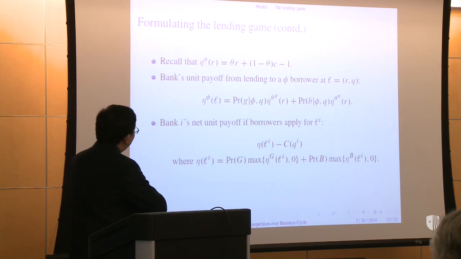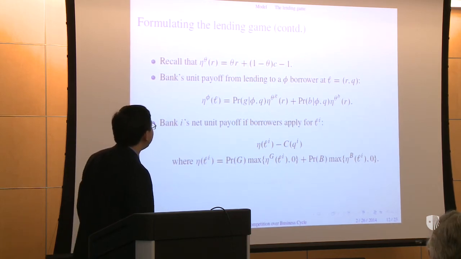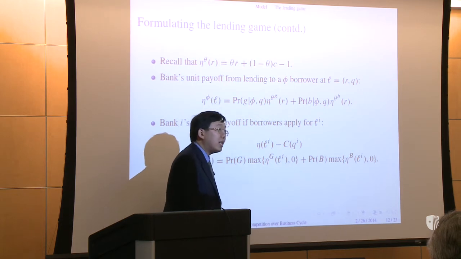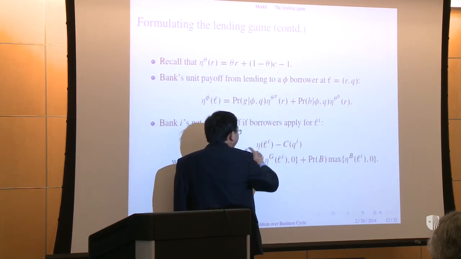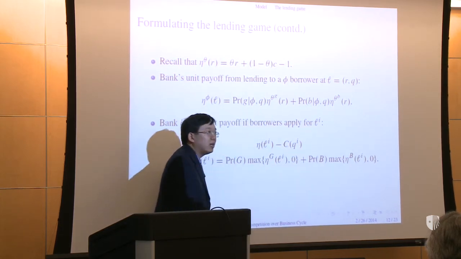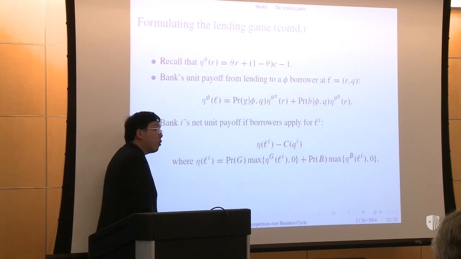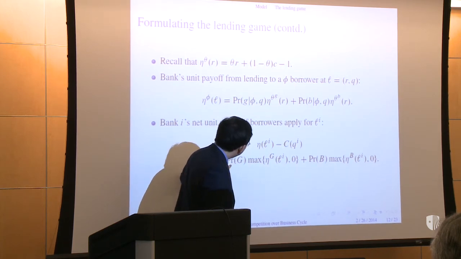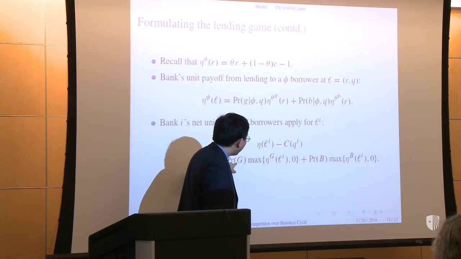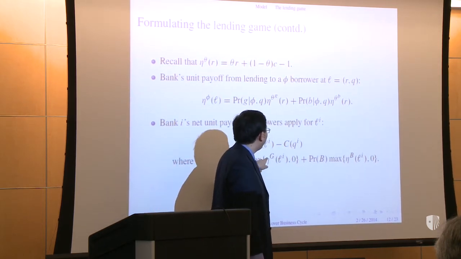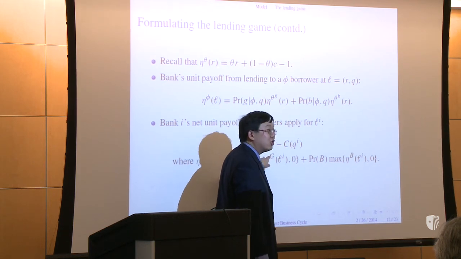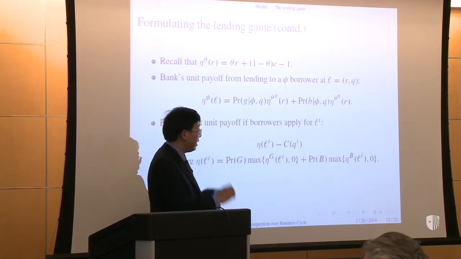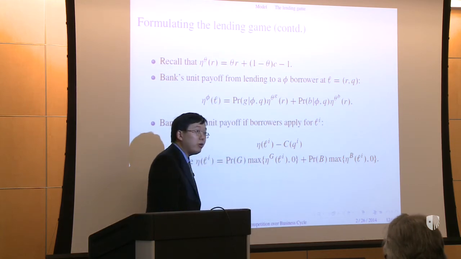Okay, now we can write down bank i's net unit payoff if the borrower applies for a loan Li. What's going to be this net payoff? It's going to be the payoff from lending minus the screening cost. And what's the overall expected payoff from lending? This will be the probability of observing a signal G times the expected payoff of lending to such a G borrower, plus the corresponding case for the signal B borrower. And why do I have this max operator here?